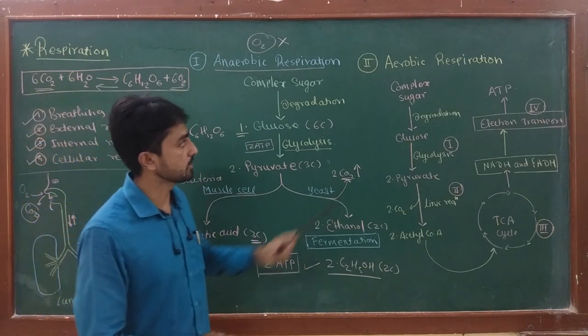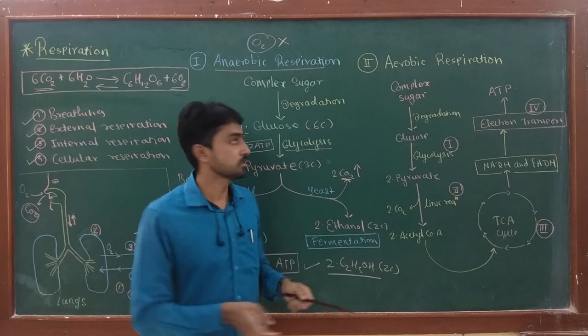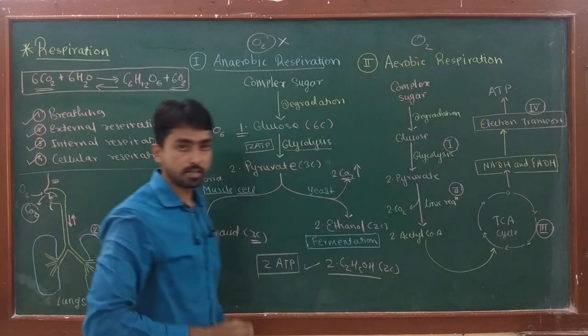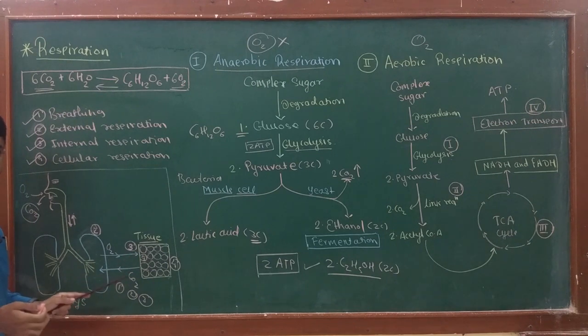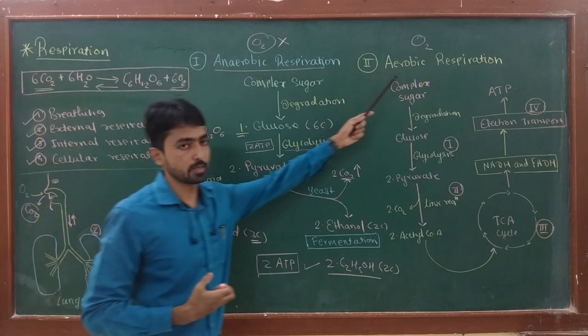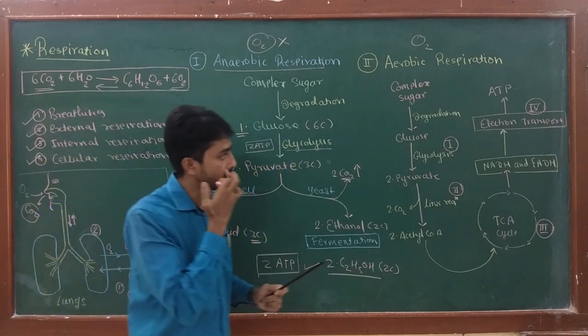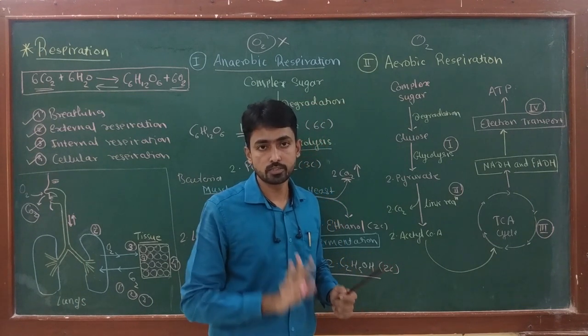Now I am shifting towards aerobic respiration, which occurs in a large number of animals in the presence of oxygen. I am taking the example of a human. If a human cell contains a large amount of oxygen which is transported by blood, then the cell prefers aerobic respiration instead of anaerobic respiration. At the time of aerobic respiration, the process occurs in 4 distinct stages.